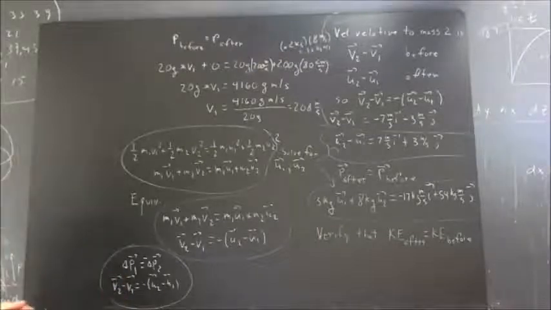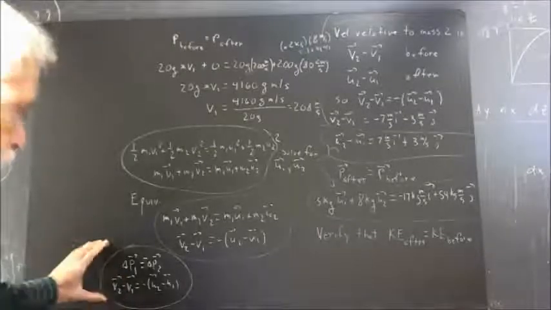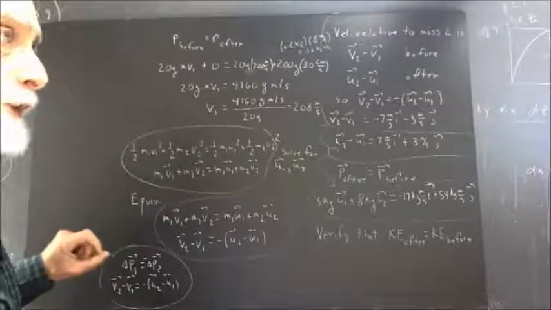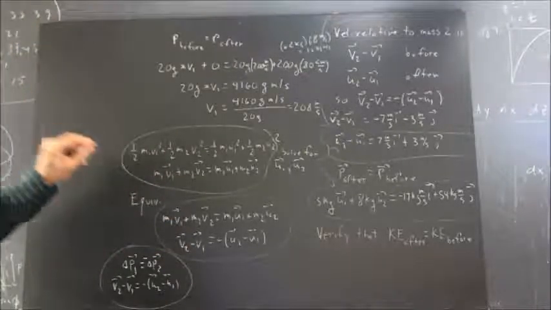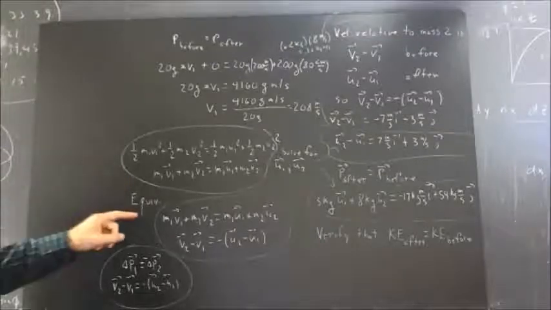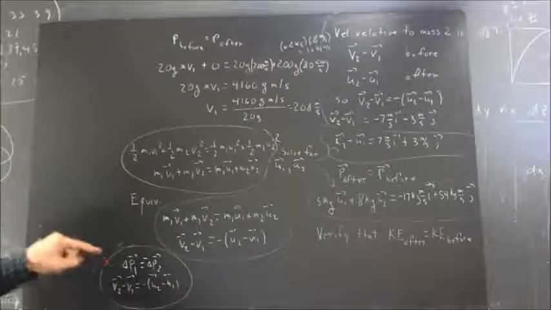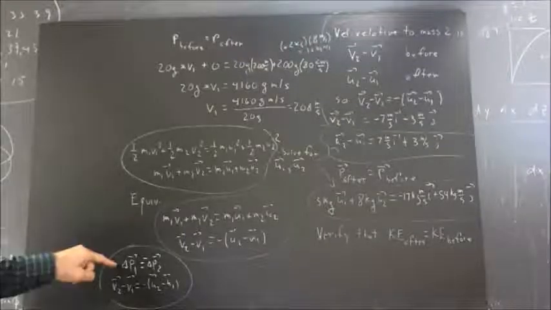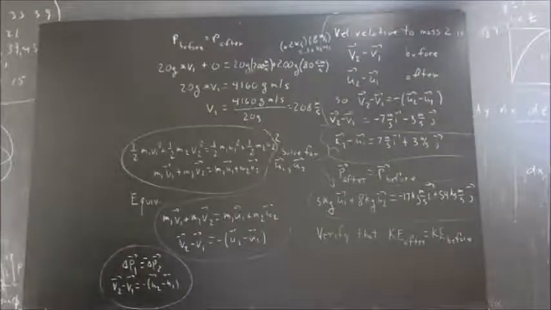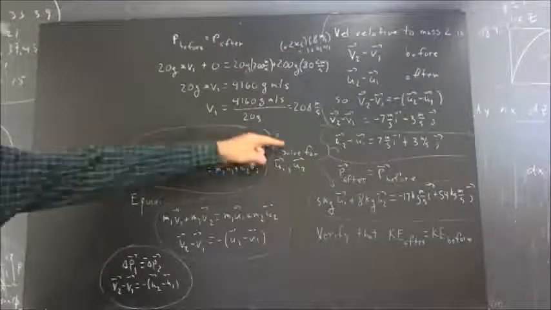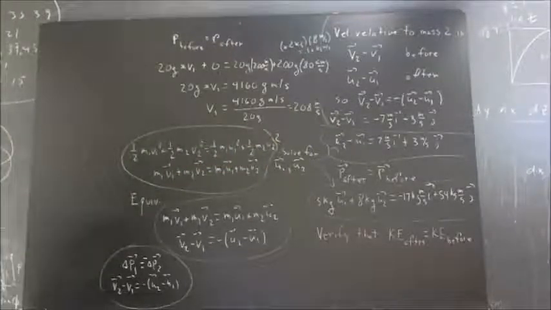So this set of equations, this set of equations, this set of equations all say exactly the same thing in slightly different form. This is the set that I think you're best off to start with in a case of what we call an elastic collision, a collision where kinetic energy is conserved.